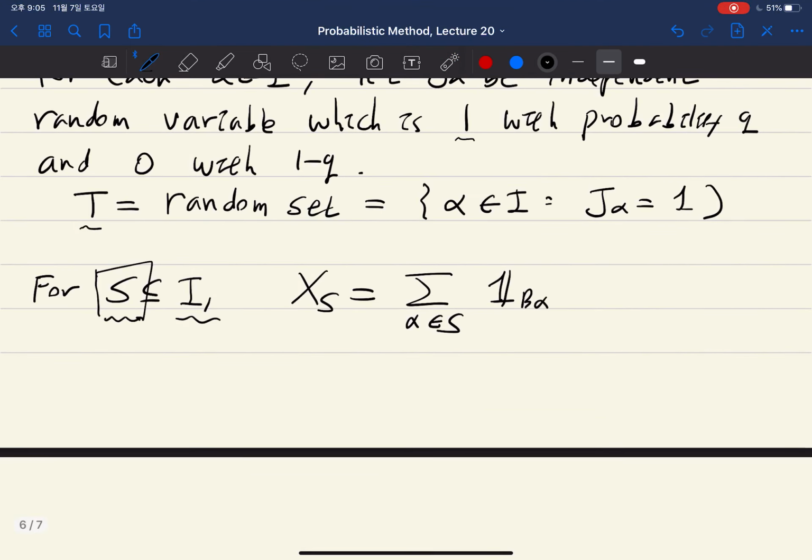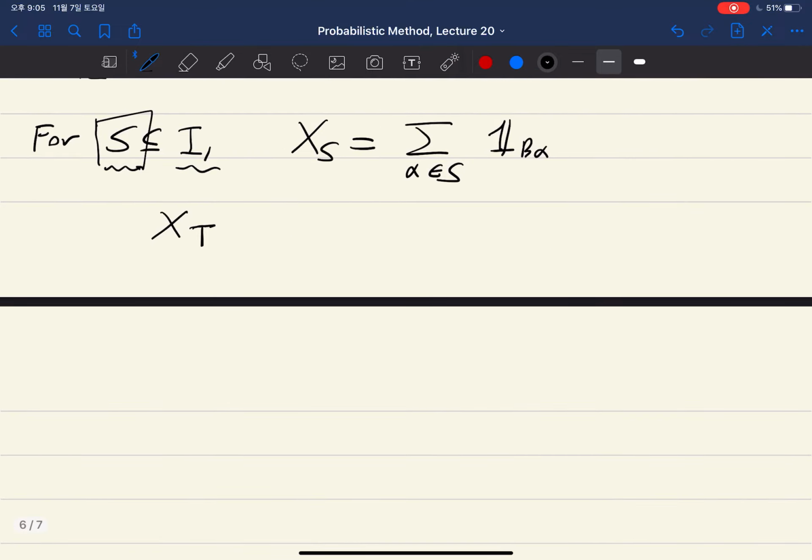And T is this random set, so we can consider X sub T. So there are two randomness. One is you choose these indices at random. And then for each index, we check whether this bad event happens or not. This bad event happens depending on the random set R in the previous setup. And we count the bad events. So there are two layers of randomness.